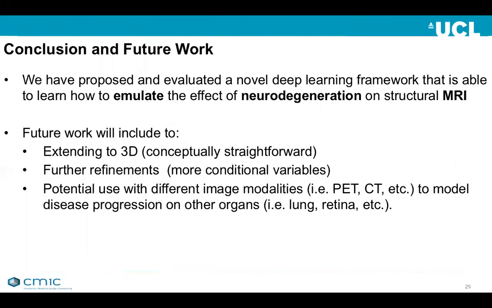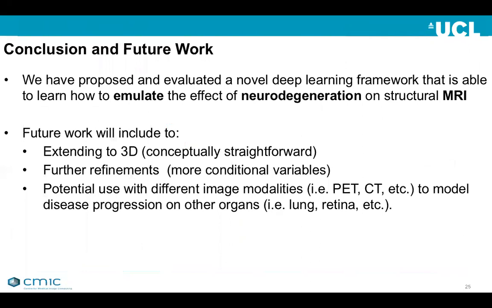So in conclusion, we have developed a new deep learning framework that is able to emulate the effect of neurodegeneration in structural MRI. I have also introduced a few more approaches in different fields where we have used deep learning recently.